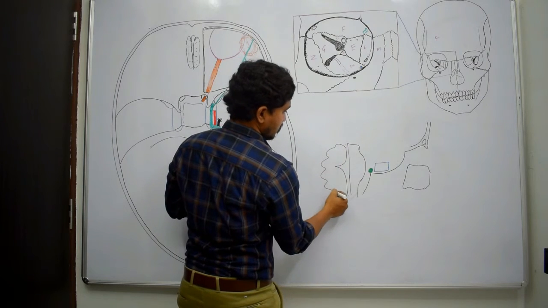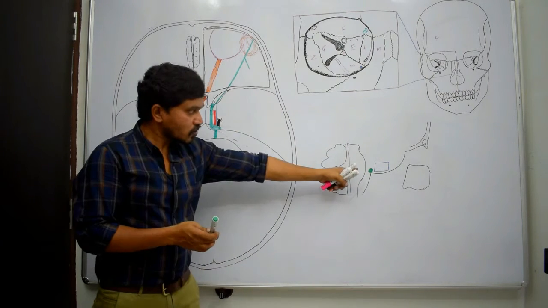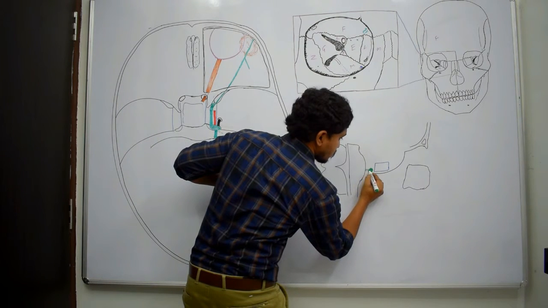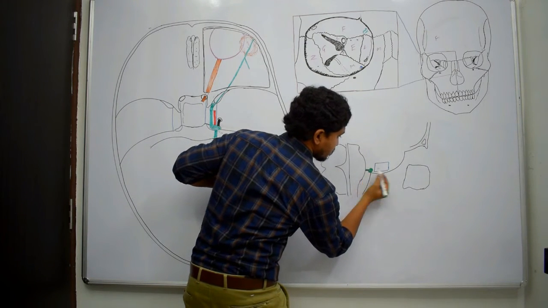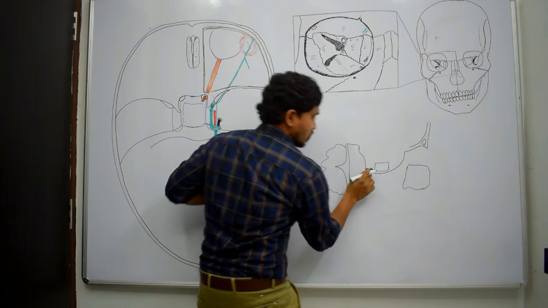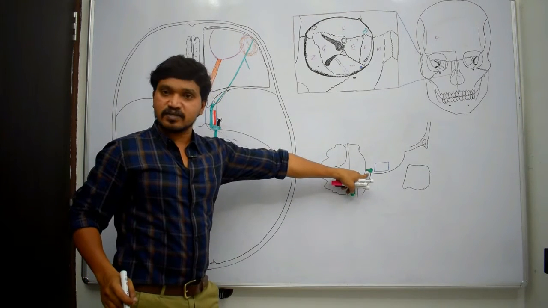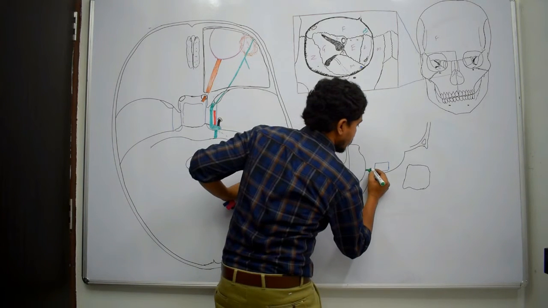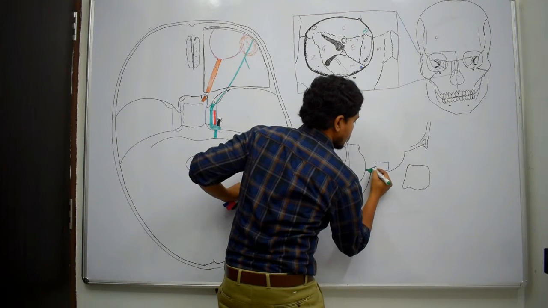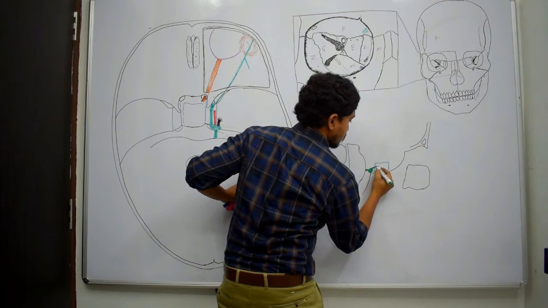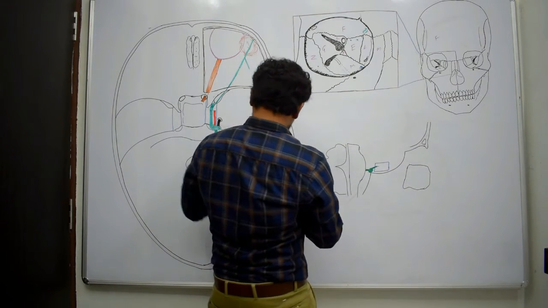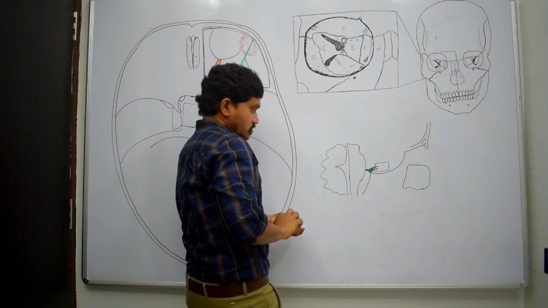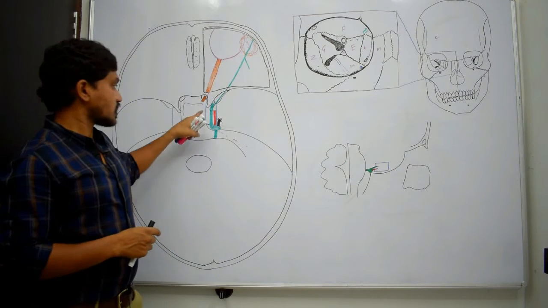Here is the cerebellum. So the pons gives attachment to the fifth cranial nerve. So this is the trigeminal nerve. The trigeminal nerve shows one ganglion here, the trigeminal ganglion. This trigeminal ganglion gives three branches here. This is the ophthalmic division of the trigeminal nerve, and this is the maxillary division, and one more division that will not pass through the cavernous sinus.